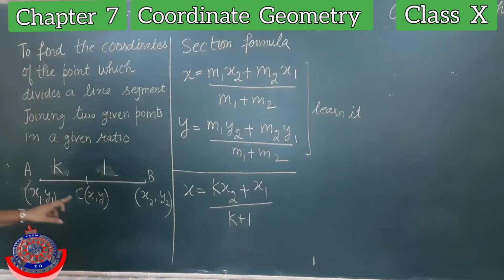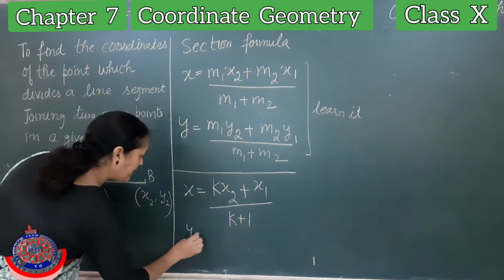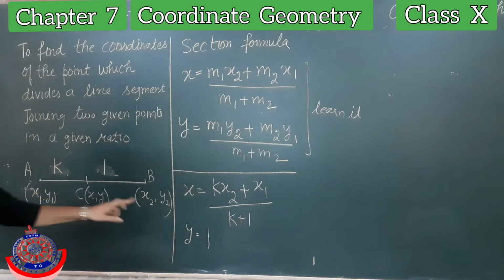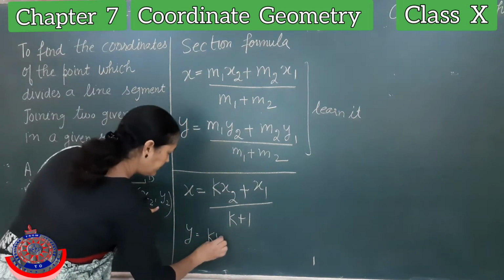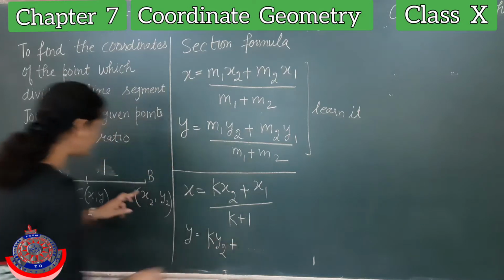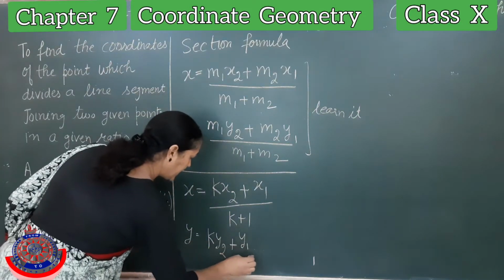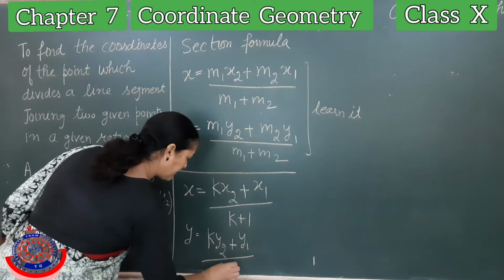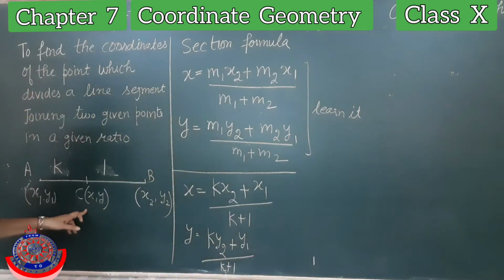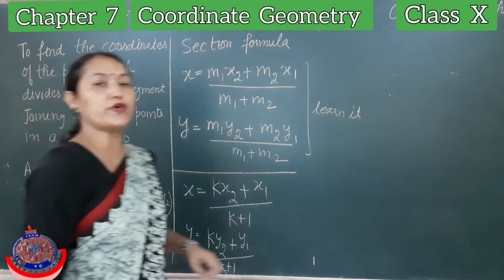And in the same way, y will be k into y2 plus 1 into y1, that is y1 only, upon k plus 1. Here I have taken the ratio k is to 1.